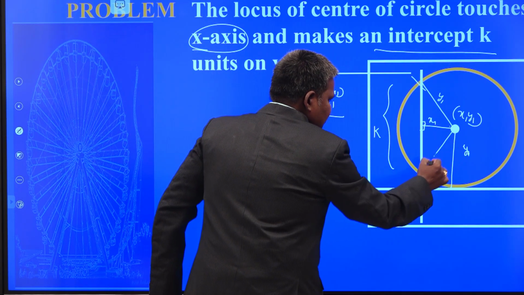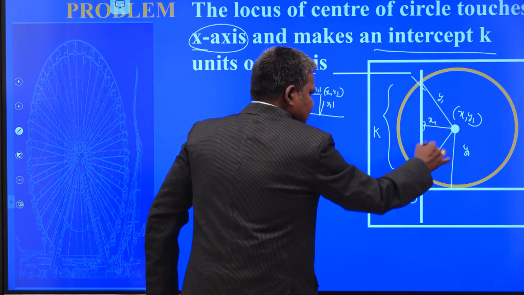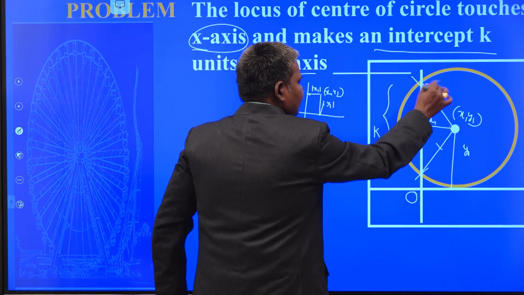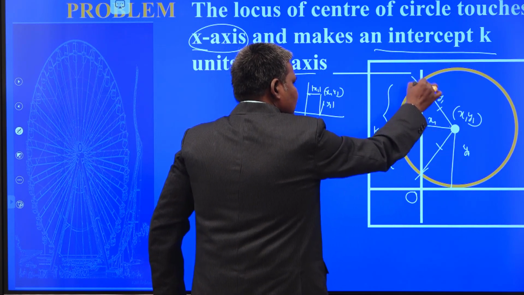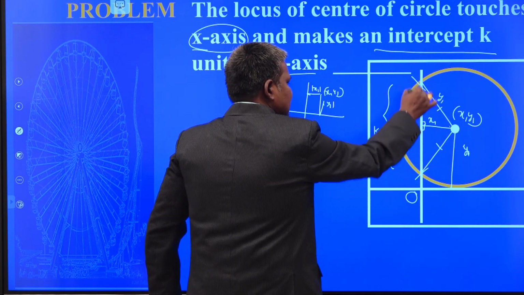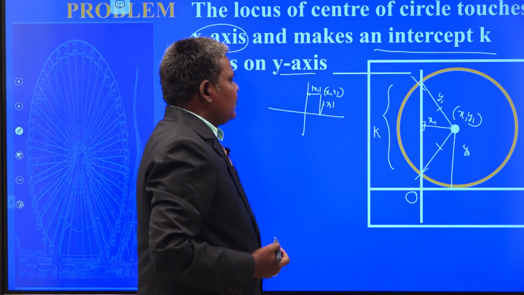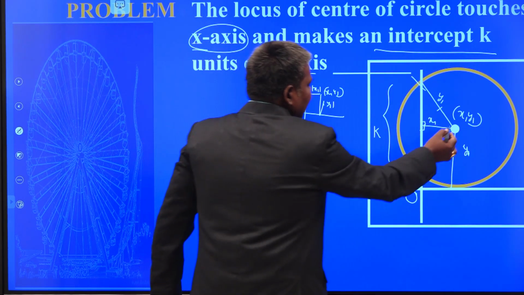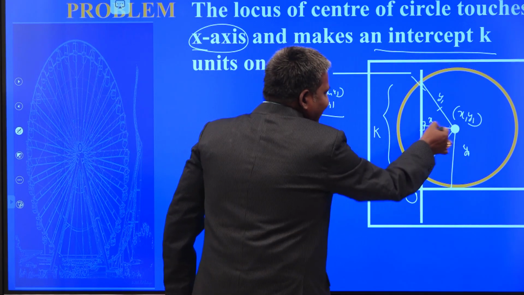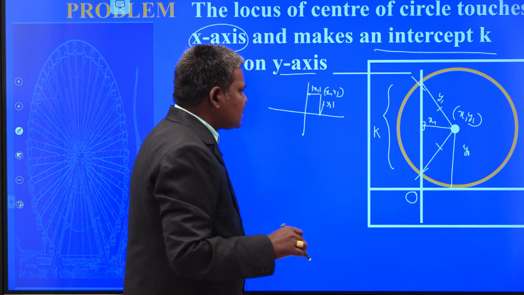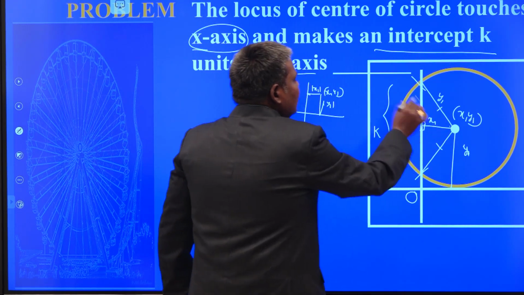Why is it the perpendicular bisector? If you join in this manner, this triangle is an isosceles triangle because these are the two radii of the circle. Radii are equal, therefore these two sides of the triangle are equal. So this triangle becomes an isosceles triangle. For an isosceles triangle, the median through this point, the angular bisector and the perpendicular bisector are the same because these two triangles are congruent.